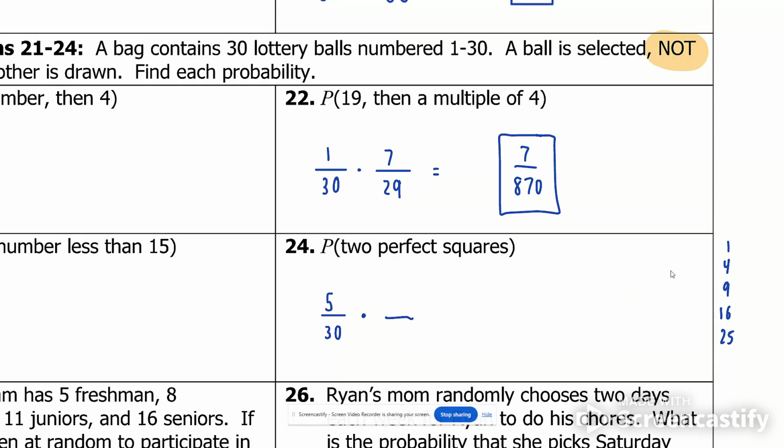So not only does it affect the bottom number, I only have 29 balls left in that bag. But if I just so happen to have picked out a perfect square, now I only have 4 perfect squares remaining. So 5 over 30 times 4 over 29 is 2 out of 87. Those are the odds.